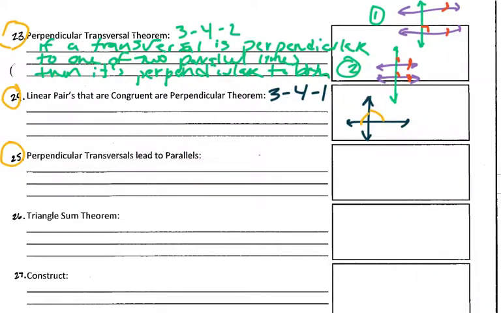And so we know that if you have congruent linear pairs, the value is 90 degrees or perpendicular.